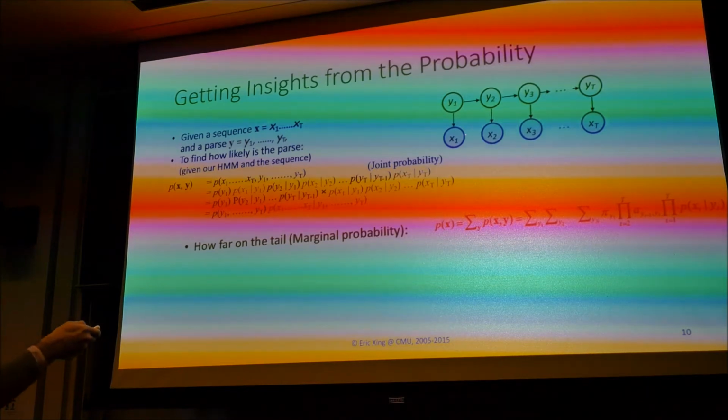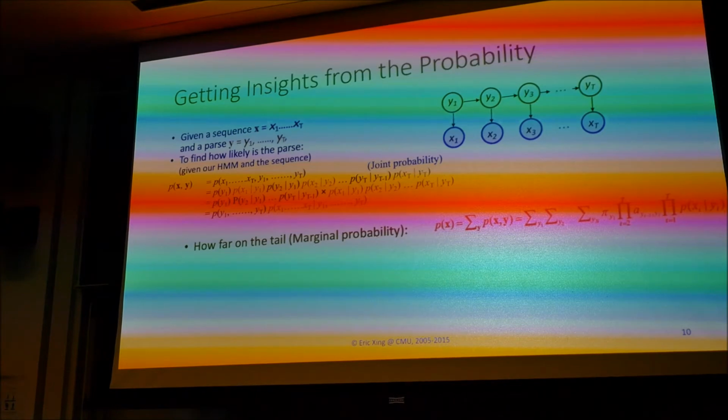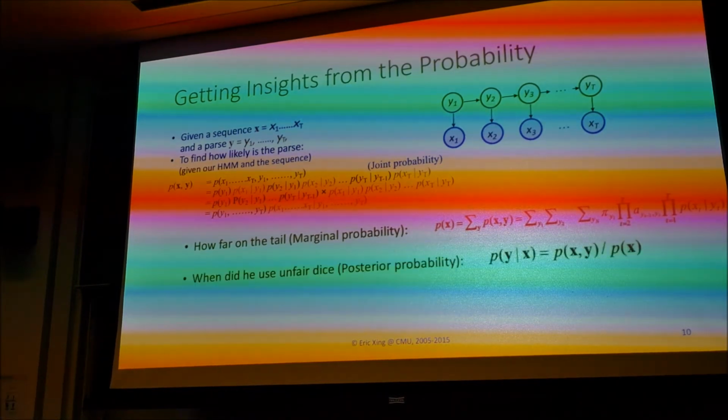The advantage of having this kind of structure is that you can show that these sums can be computed polynomially. Otherwise, if you don't assume anything, you have to sum 2 to the power of t terms, and that's computationally expensive. So the graphical model helps you compute this marginal, which gives you an insight: how far in the tail is this casino from the fair casino?